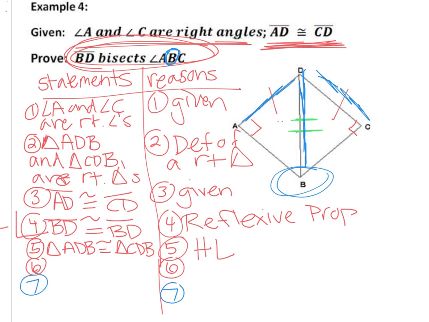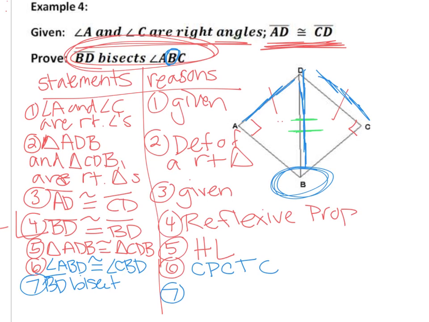If I now show that angle ABD is congruent to angle CBD, because corresponding parts of congruent triangles are congruent. Didn't I just show that those angles were congruent by CPCTC? So if I have 2 congruent angles, didn't that show me that BD bisects angle ABC?